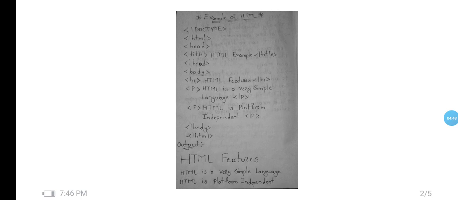We simply place the slash symbol before html, which we can see at the last, after the closing tag of body. That is, when we open the html tag, we similarly close the html tag with the help of the slash symbol, which can be seen in the above output.